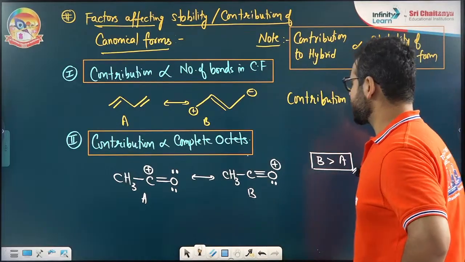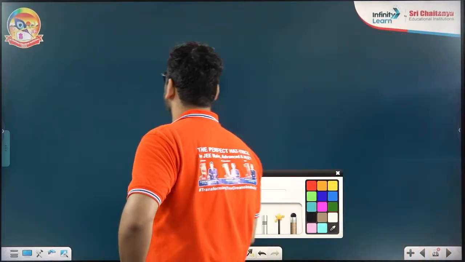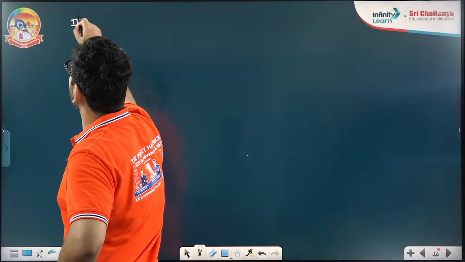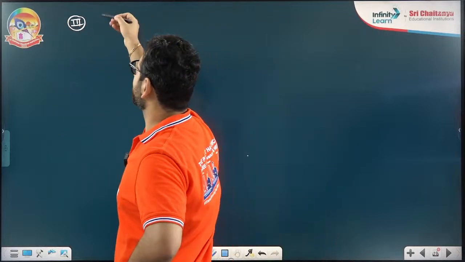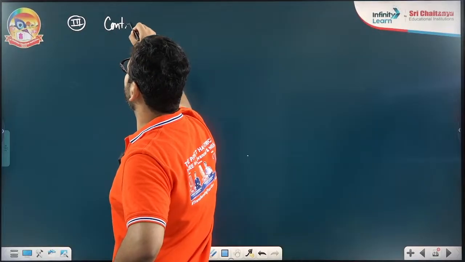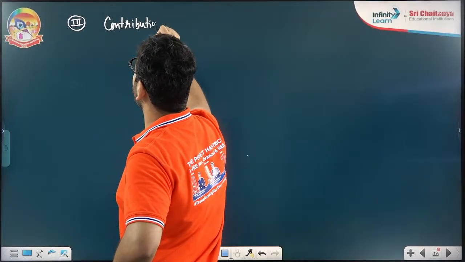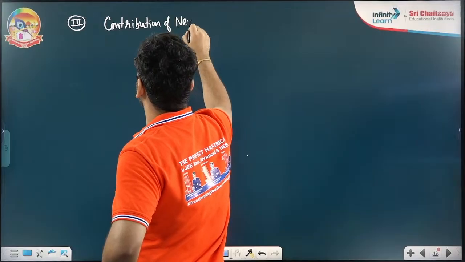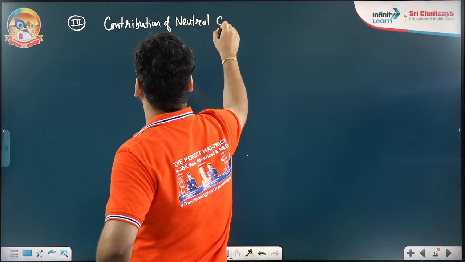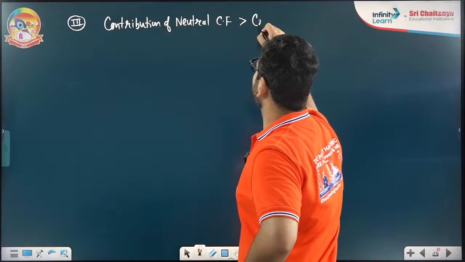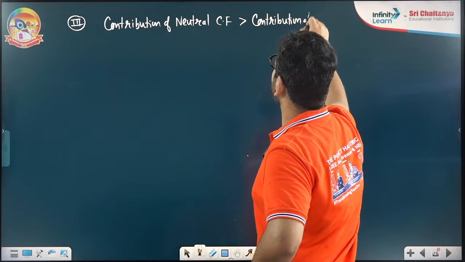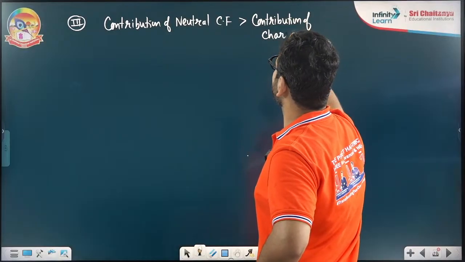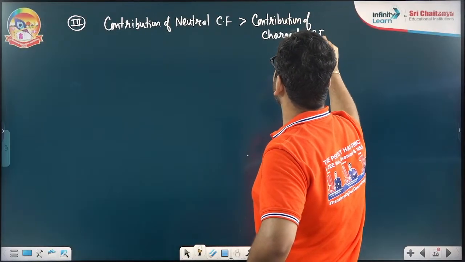After you have checked for this, next point, third point, which is: a neutral canonical form is more stable than the charged canonical form. So you can say third point, contribution of neutral canonical form is more than contribution of charged canonical form.